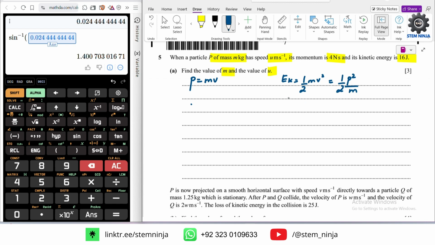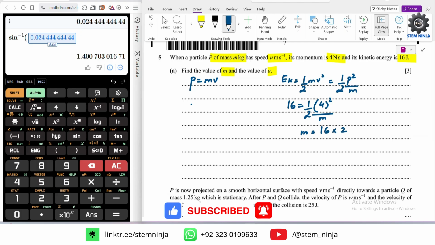So this is 16 joules equals half times by 4 squared over m. So therefore m would be 16 times by 2. Actually the 16 and the 4 squared will just cancel out, so this is just 2. No, 1 over 2, sorry. 1 over 2.